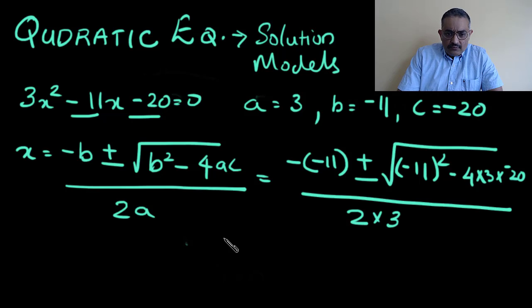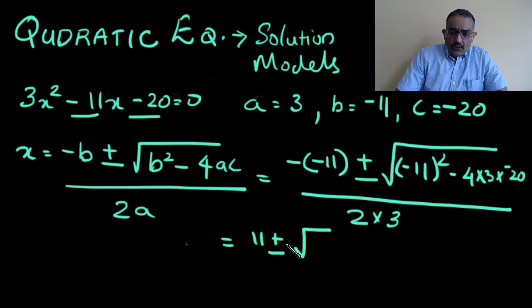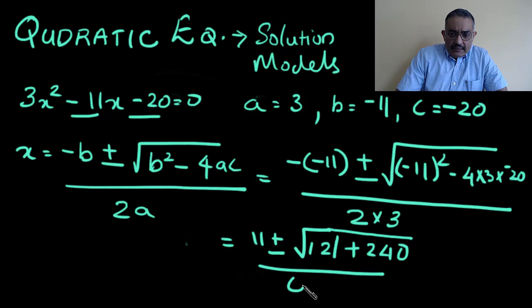Now this works out to the negative of a negative, which is positive, so it is 11 plus or minus the square root of 121 plus 240, divided by 6.